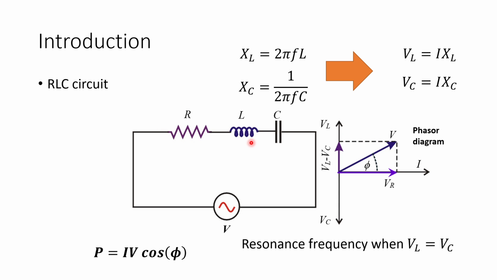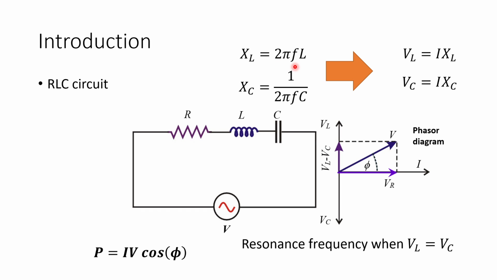So resonant frequency, as I mentioned, you can tune the voltage VL and VC by tuning XL and XC. Changing frequency here would tune how much VL and VC would be. If you reach a point where VL and VC are the same, then this y-axis would go to 0, meaning all voltage would go to VR, meaning this angle goes to 0. This means that you get the maximum voltage on R when VL minus VC equals 0.